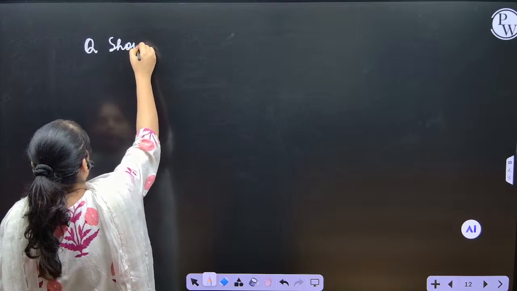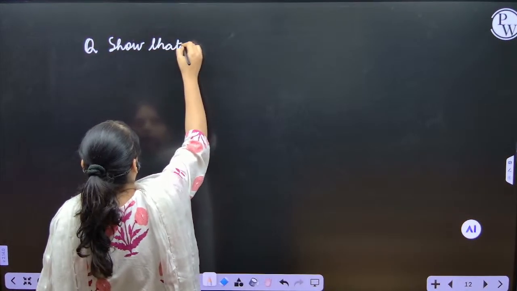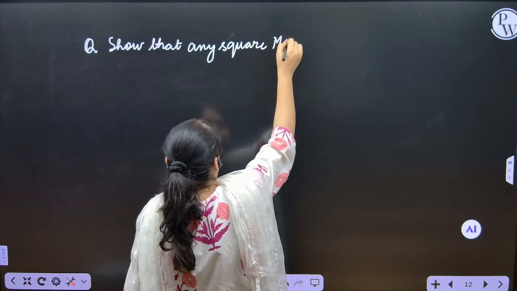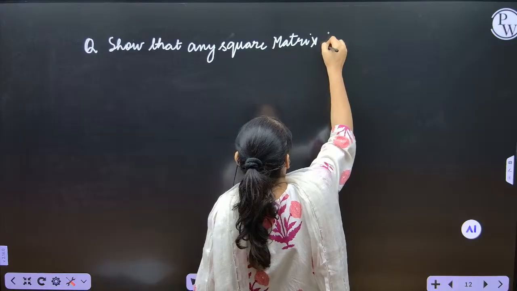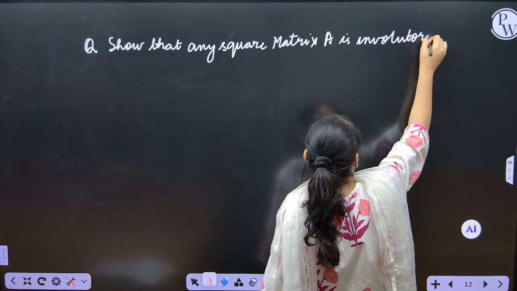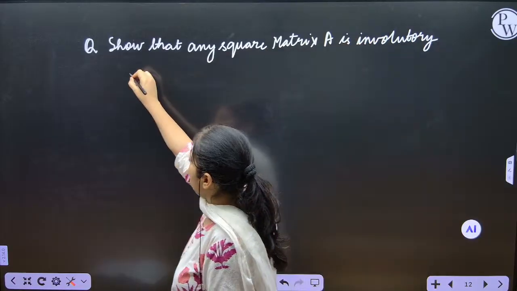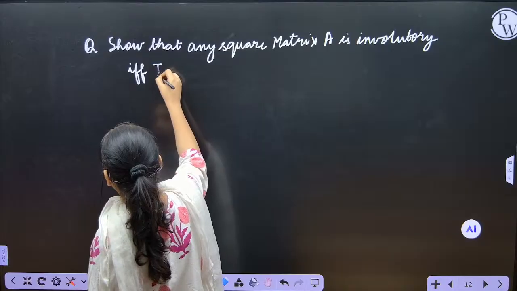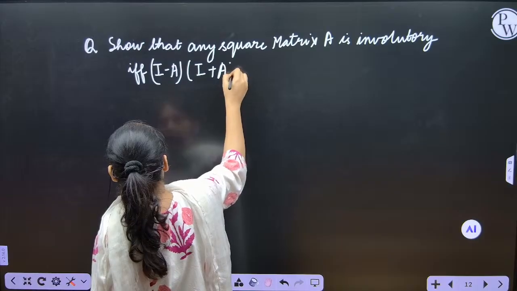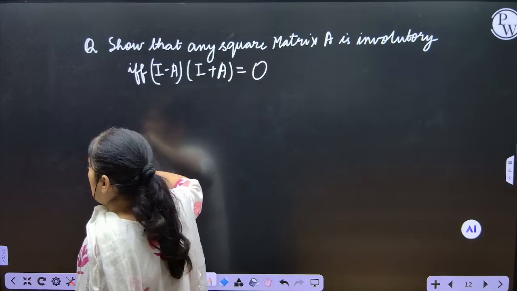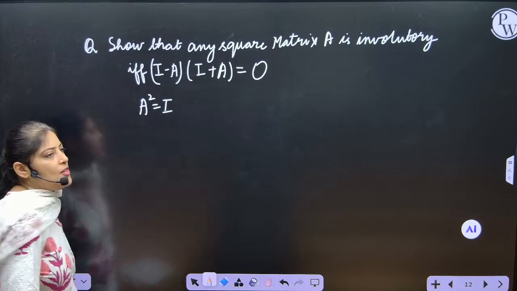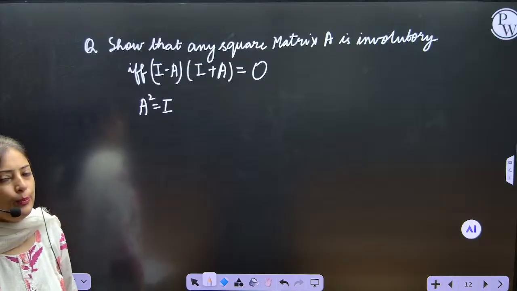Show that any square matrix A is involutory if and only if I minus A into I plus A is the null matrix. Involutory means A square is identity. Now start with this, try to do it, then I'll do.